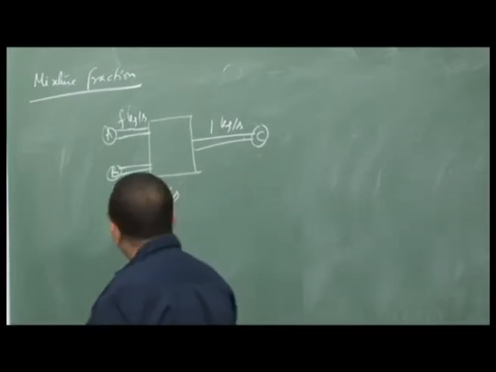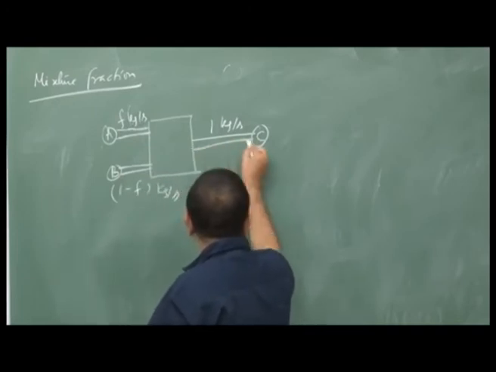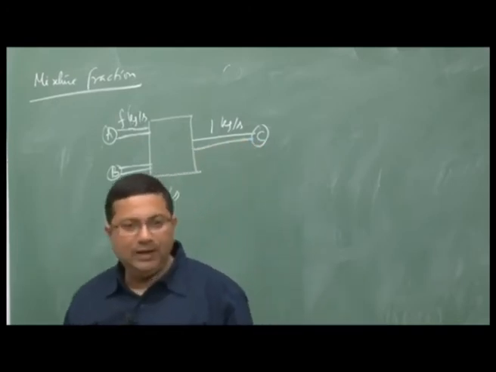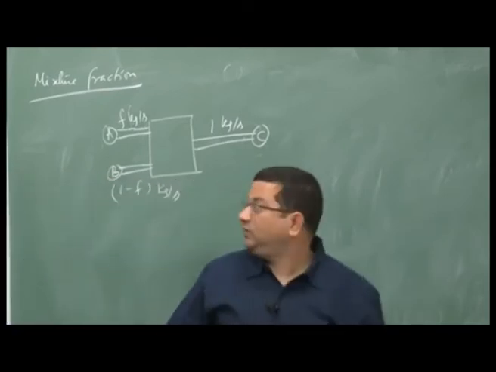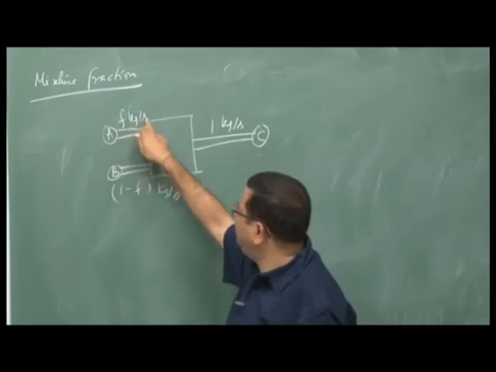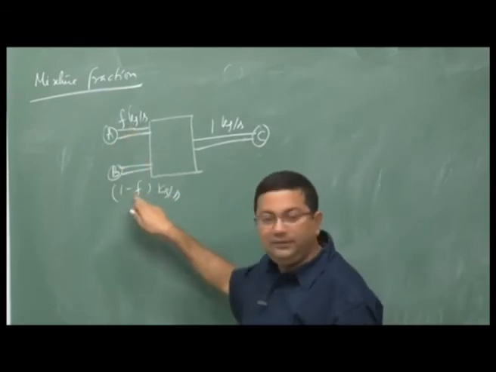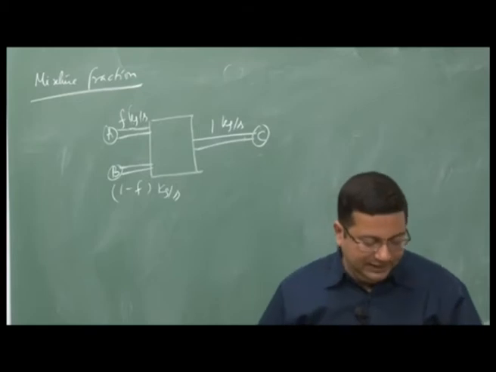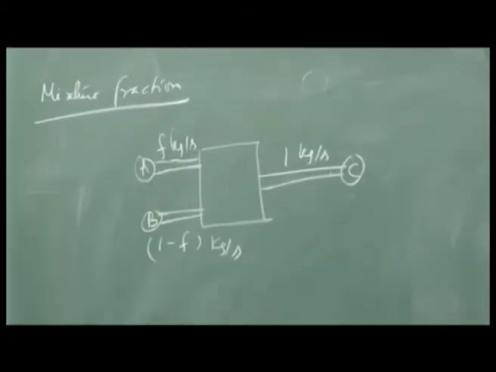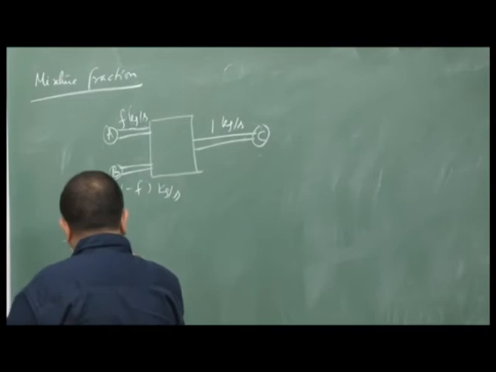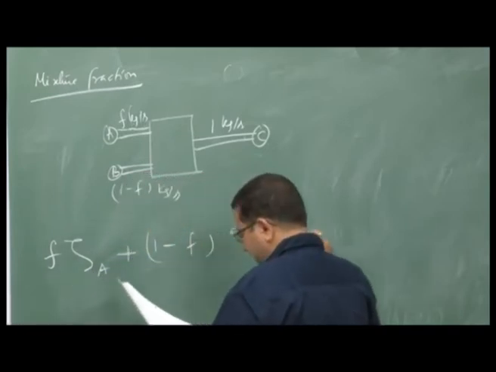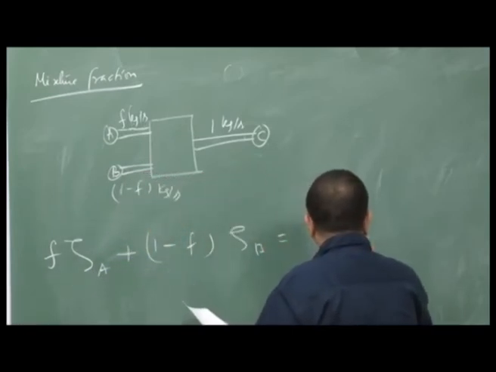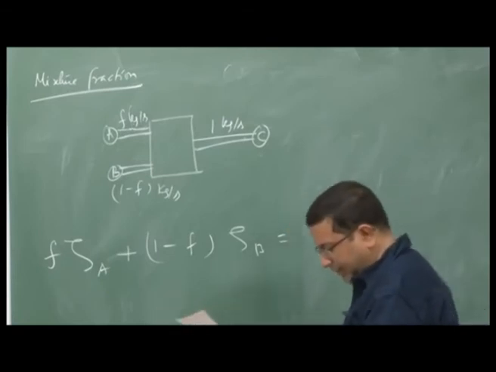So, now we have the mixture flowing out on this side, with a mass of 1 kg per second. So, this mixture C contains f kg per second of A and 1 minus f kg per second of B. Then any extensive property zeta of this mixture can be written as f times zeta A plus 1 minus f times zeta B, equal to zeta of the mixture C. Okay.